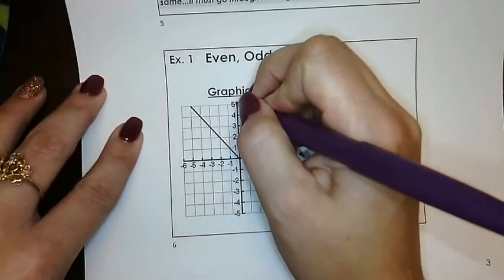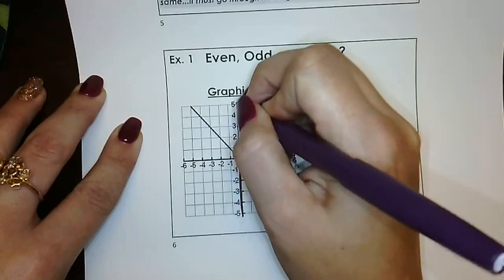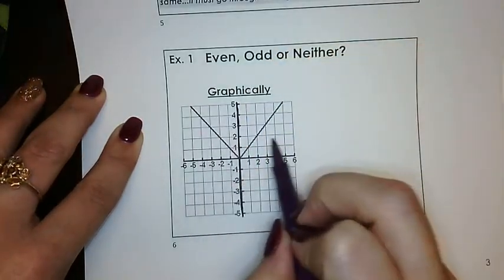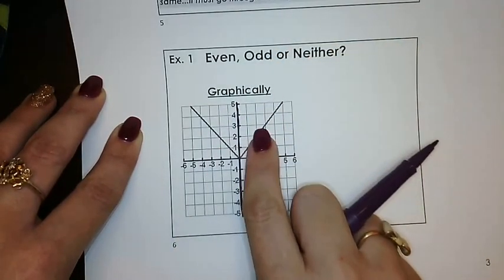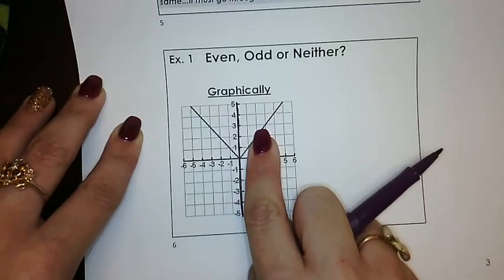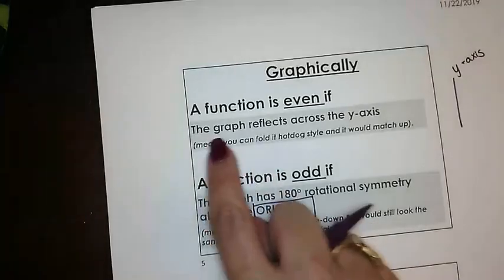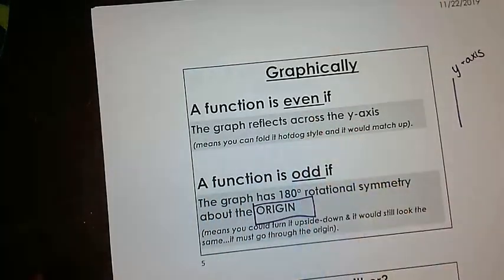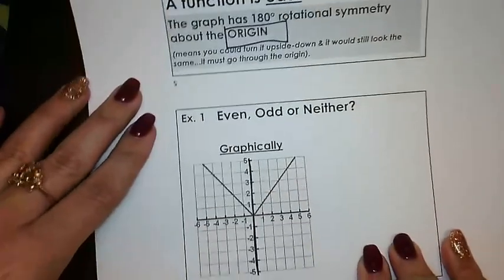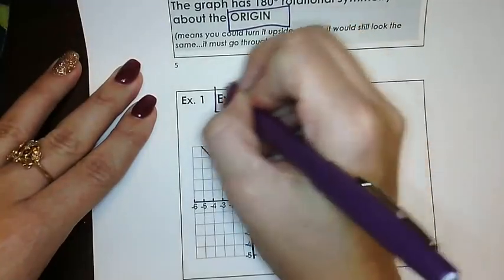If I can draw a line on the y-axis and I see that it is symmetrical, meaning if I were to fold this over, it's going to look the exact same on this side, then the function is even. So it reflects across the y-axis, it's even. This one reflects across the y-axis, so it is even.